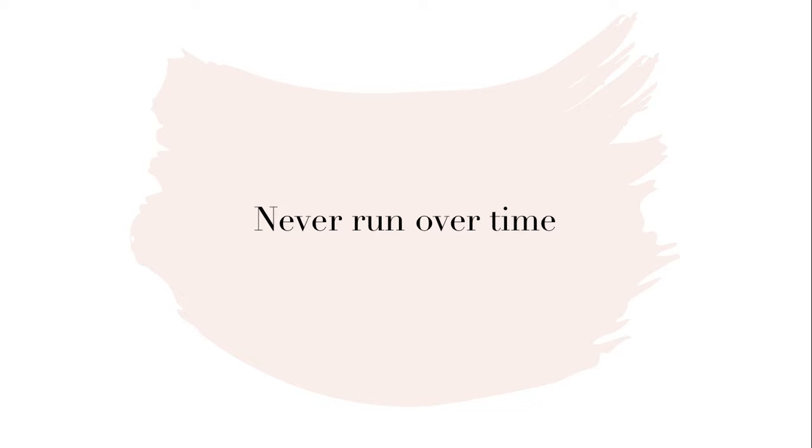The second rule that helps us make our classes effective: never run over time. The reason is that while we are focused on one subject as a teacher, students have to learn multiple subjects in a day. So they need time to transition from one class and one teacher's learning to another.